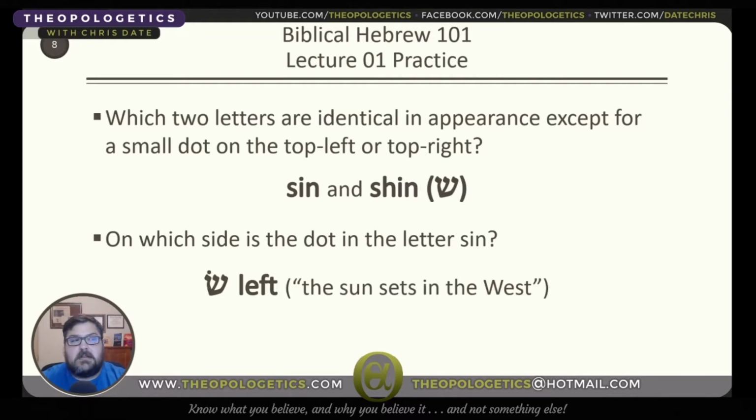The answer is on the left side. And if you'll recall, in that lecture, I gave you this mnemonic to help you remember: the sun sets in the west. The word sun starts with the sound s, which is the sound produced by Sin, and we associate the direction west with the direction left, and so the sun sets in the west can help you remember that the dot on the Sin goes on the left.